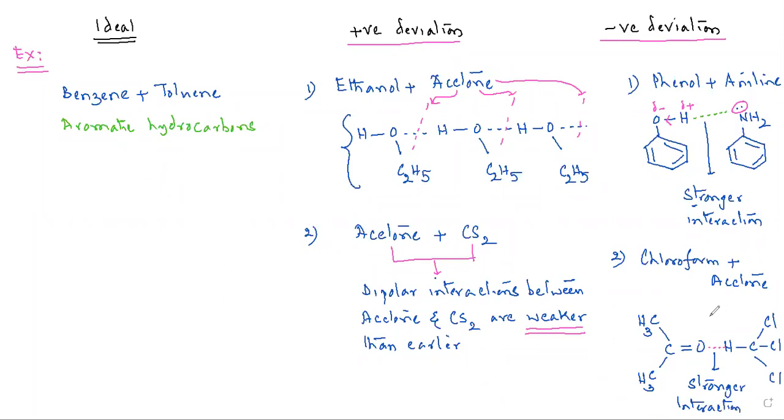So this is how we can say positive and negative deviations. In the first case, there were no new attractions, neither increased nor decreased. So ideal. If decreased, positive. If increased, negative.